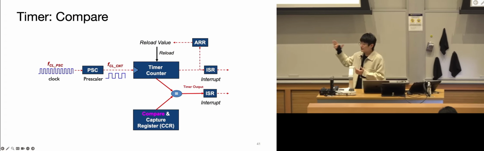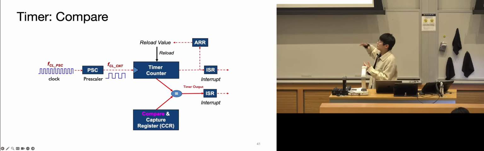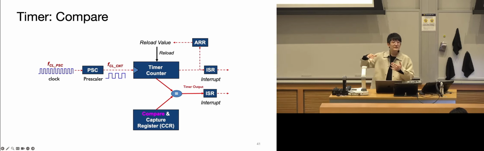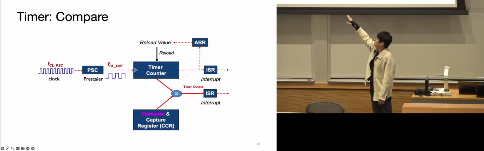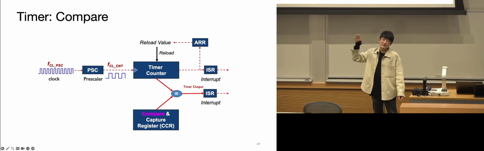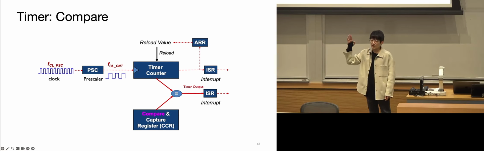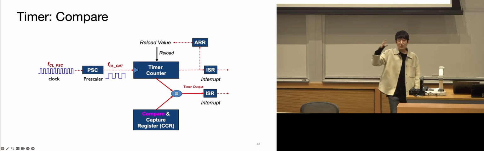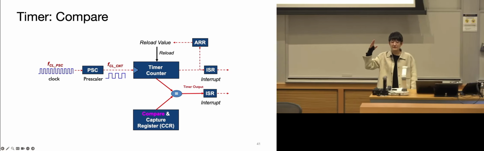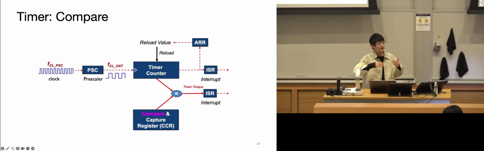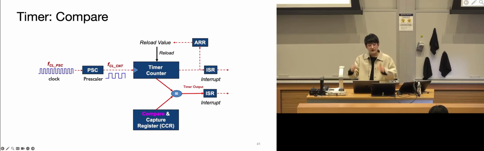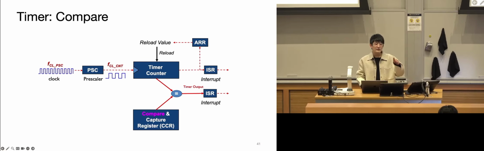You can set whether the signal should be high or low. If say you have the ARR to be 10 and the compare value to be 7, you could set everything above 7 to be 1 and everything below 7 to be 0, or you can also set everything above 7 to be 0 and everything below 7 to be 1. So you have this freedom to set logic 1s and logic 0s however you want.